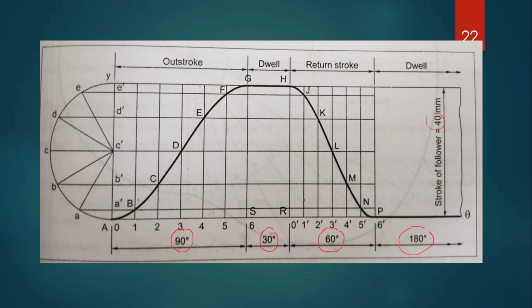First draw the semicircle with the diameter equal to 40 mm, and divide the semicircle into 6 parts. This is O, 1, 2, 3, 4, 5, 6, right? We divide into 6 parts. Then we have to divide this outstroke and return stroke into 6 parts.